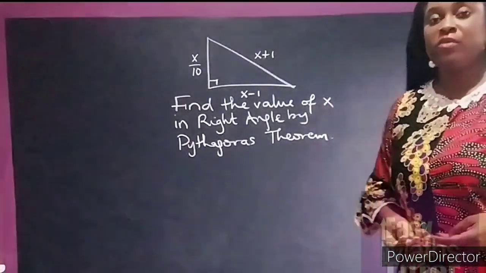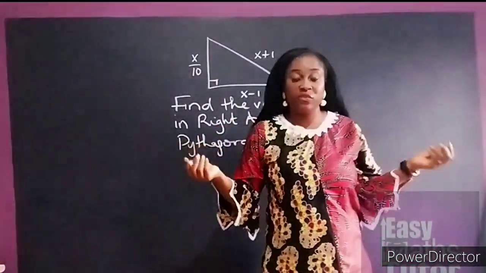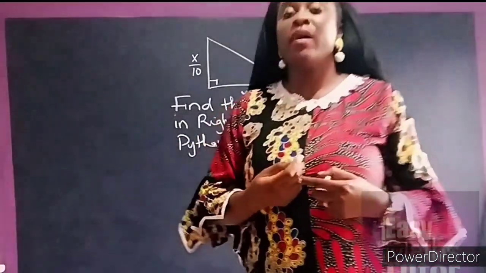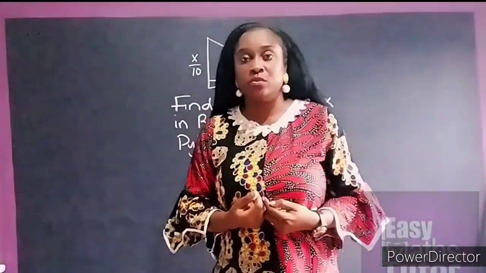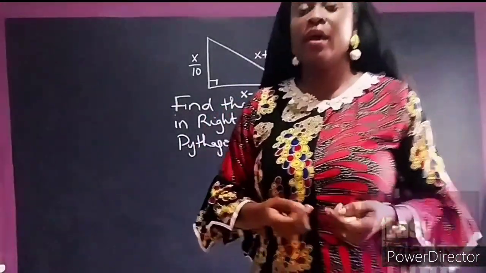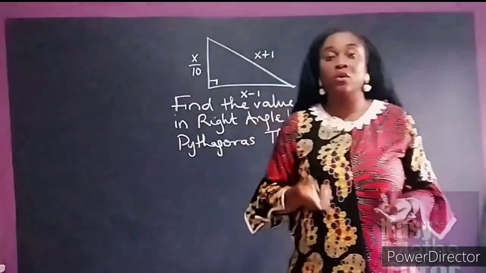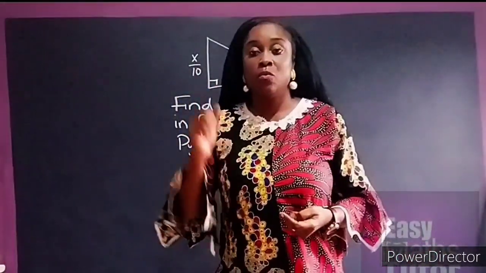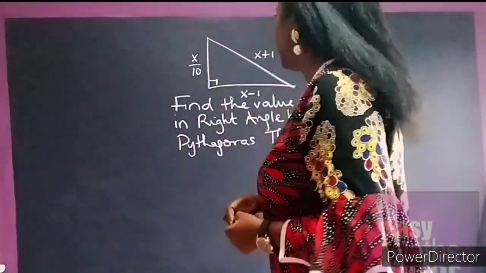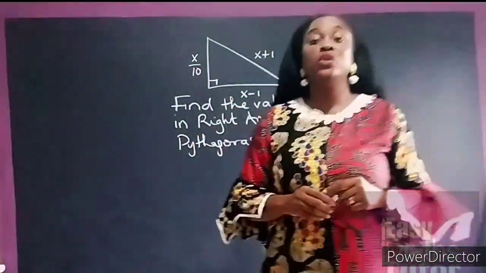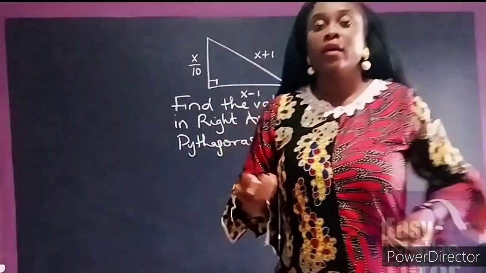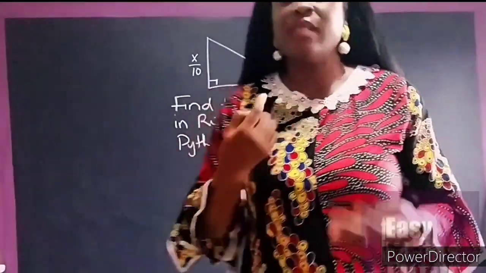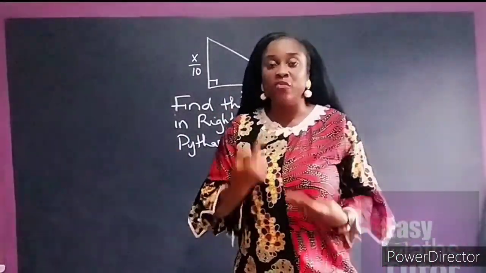So we all know what a right angle triangle is. If you want to know, go and check my video on triangles, alright? So the right angle triangle is a triangle in which one side is 90 degrees. There's a theorem, or a law, that every right angle triangle obeys or follows.